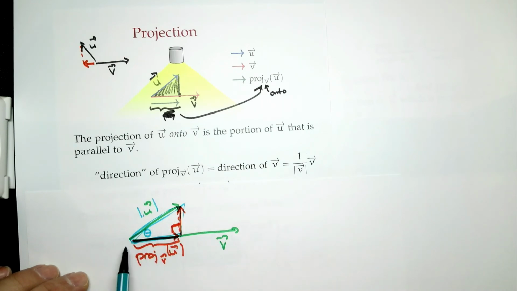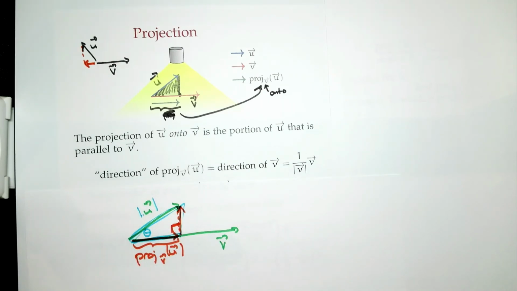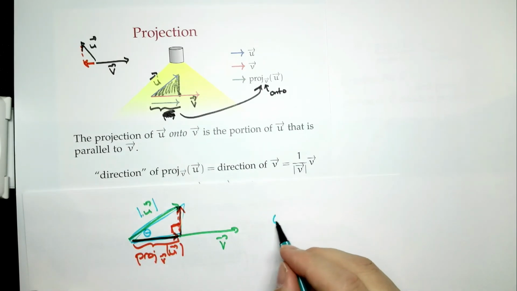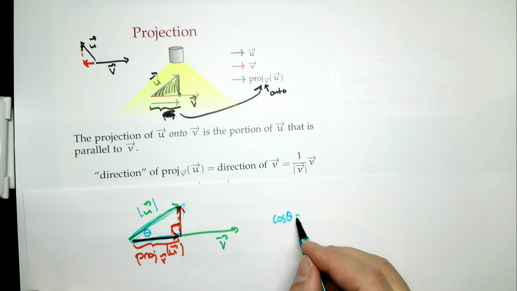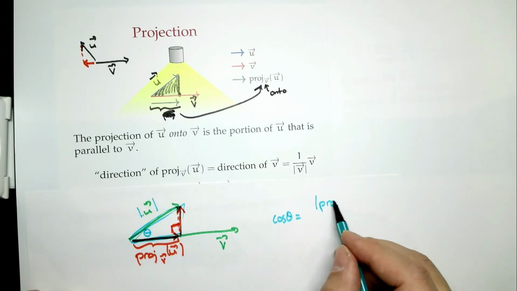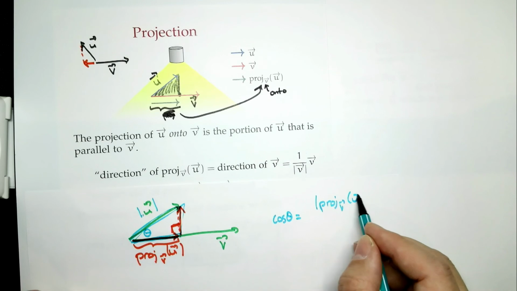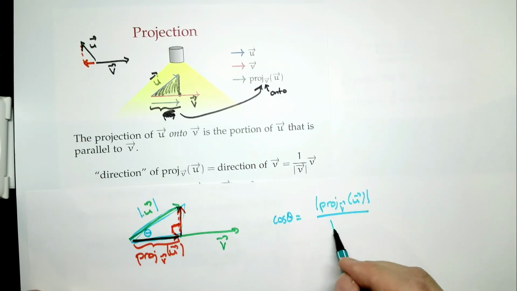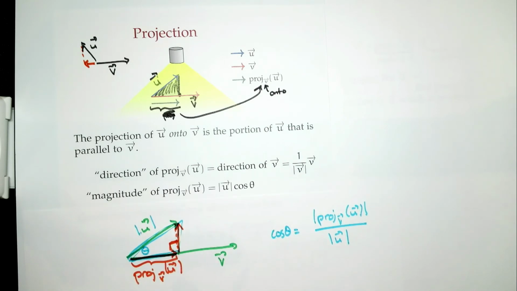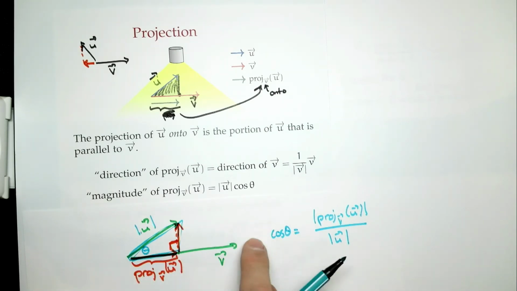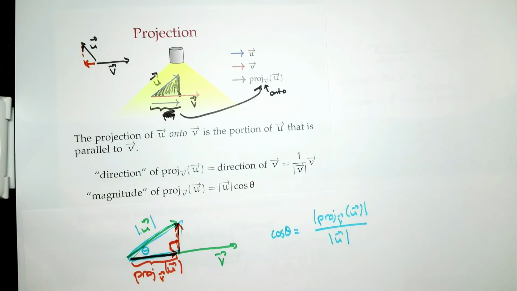I want to know the length of the adjacent side. What relates the adjacent side and the hypotenuse in a right triangle? Cosine. So cosine theta is going to be the length of the projection of u onto v divided by the length of u. So the magnitude of the projection, just moving the u across, is the magnitude of u times cosine theta. And now we're in business.